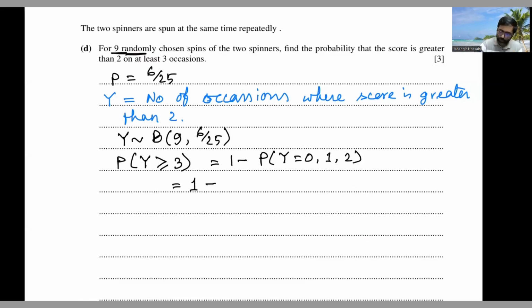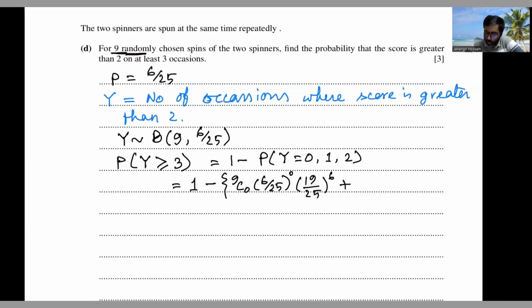So probability of Y equal to 0 is 9C0, p to the power 0, 1 minus p whole to the power 9 minus 0, that is 9C0, 6 by 25 to the power 0, 1 minus p, that is 19 by 25 to the power 9.